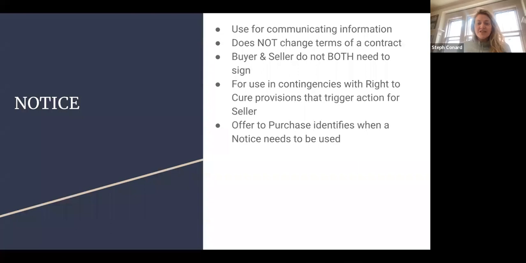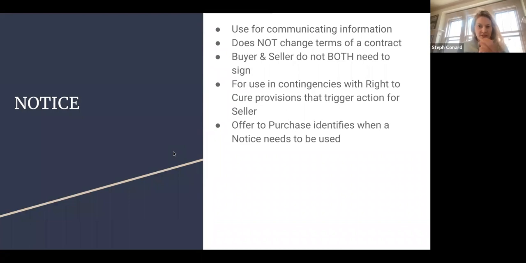Okay. So the notice. This is unilateral communication. So this is used for communicating information to the other side that does not need to be agreed upon. It does not change terms of a contract. Buyer and seller do not both need to sign a notice.